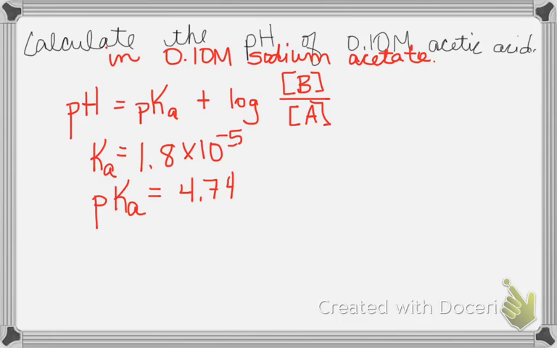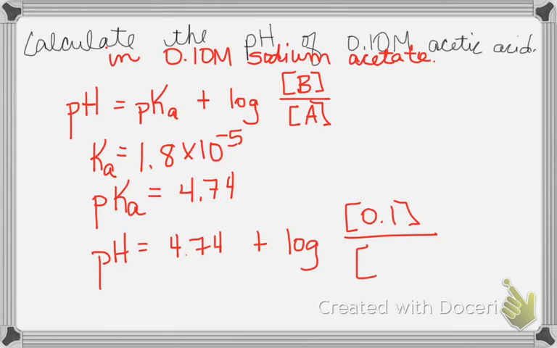Now I plug it into Henderson-Hasselbalch. So the pH is equal to 4.74 plus the log of, what up there in the problem's the base? Acetate. The sodium acetate is the base, divided by the concentration of the acid, which is the acetic acid.